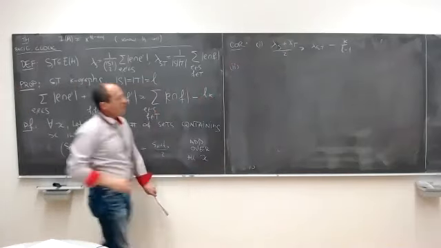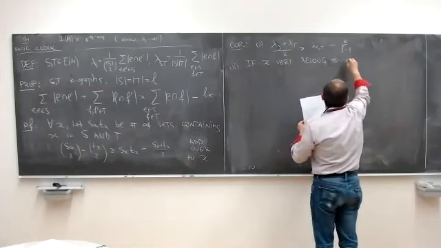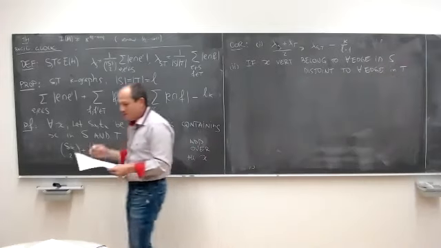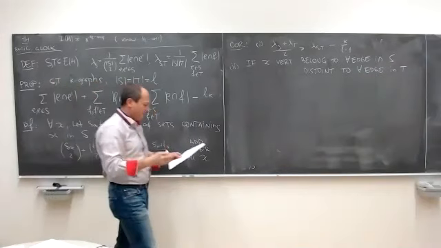If X vertices belong to every edge in S and are disjoint from every edge in T. Imagine you found a collection of vertices whose number is x, such that every edge in S contains this collection, and every edge in T is disjoint from this collection.